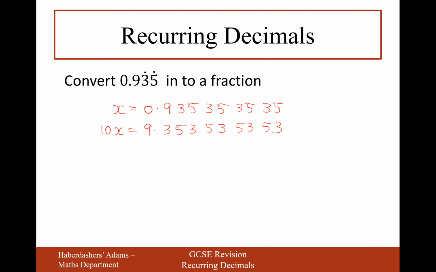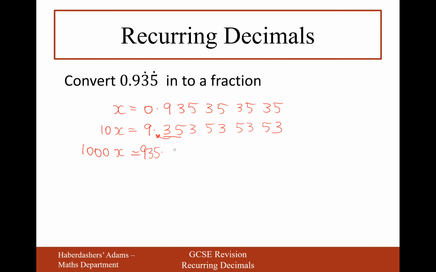but if I want these decimals to cancel out, I need the 3 and the 5 to move up 2 more places so that the 3 and the 5 will match up in the same column. So I'm going to multiply by 100 next. So actually I've now got 1000x, and it's going to be 935 point. So I've bumped up this 3 and this 5 up 2 places.